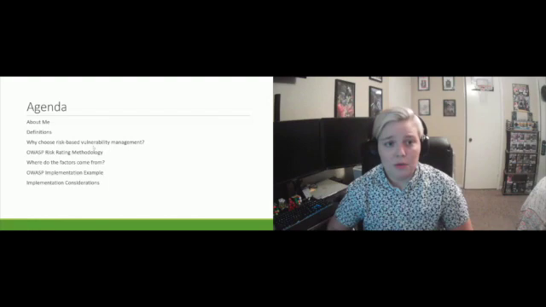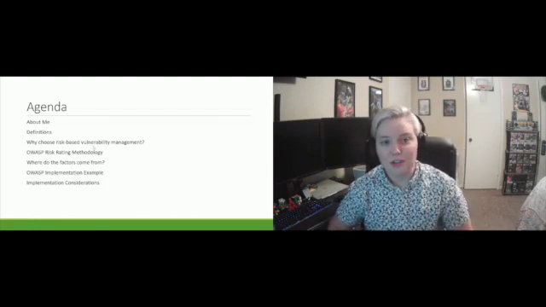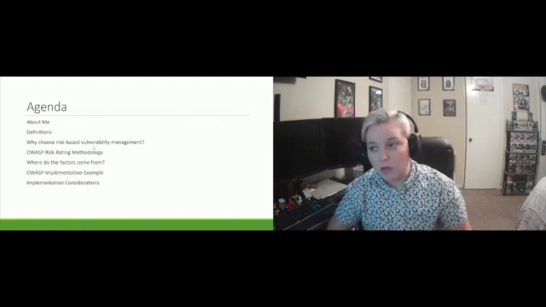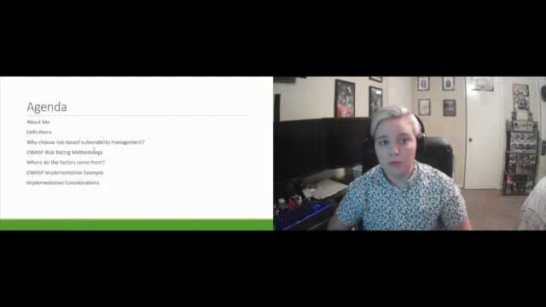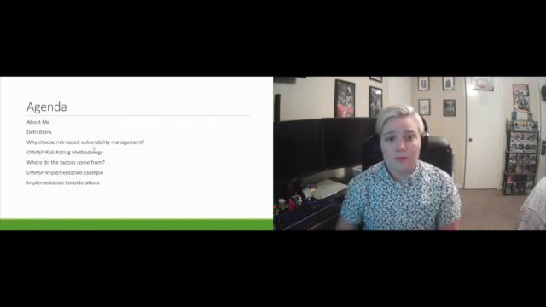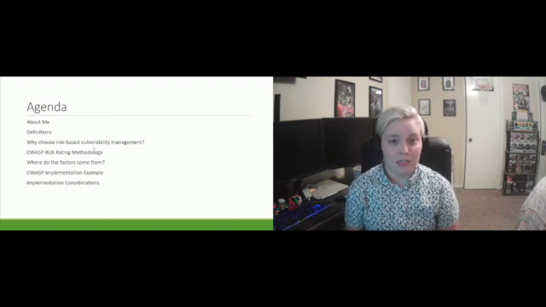Then we'll dive into real world examples of where these factors are going to come from. I'll run through a quick implementation example to give you an idea of how this is going to work in the real world. And then we'll talk about some things that you should consider prior to implementing a risk-based program for vulnerability management.